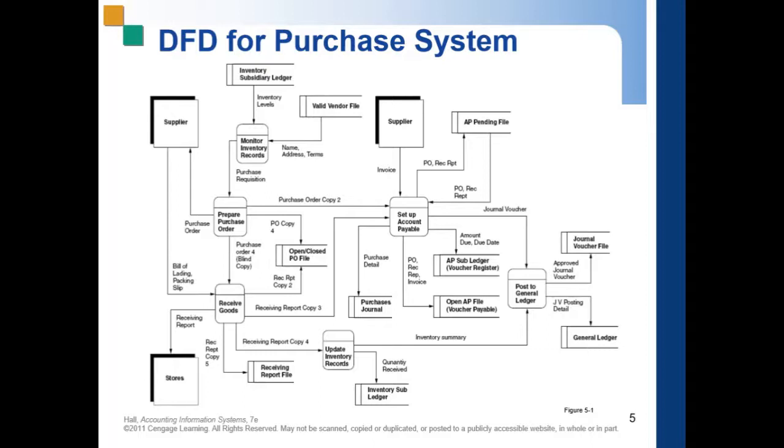Firms deplete their inventories by transferring raw materials into the production process if you are a manufacturing firm, or by selling the purchased goods if you are a merchandising firm.